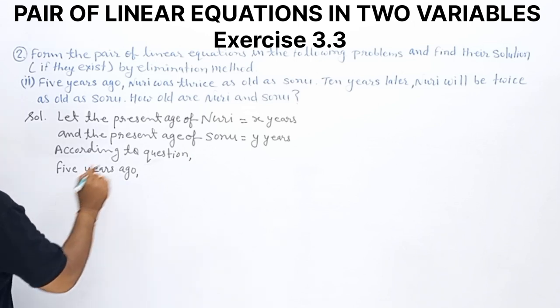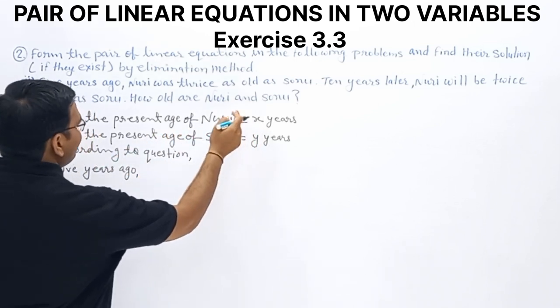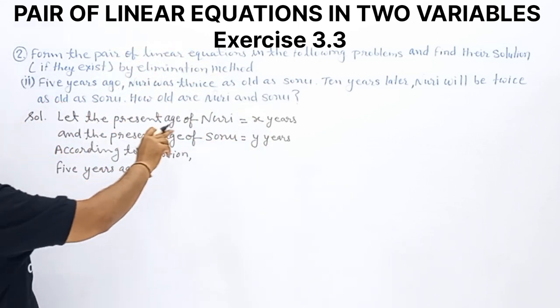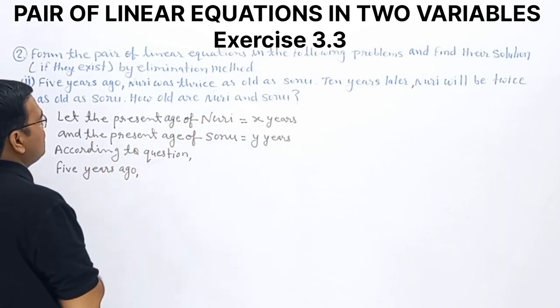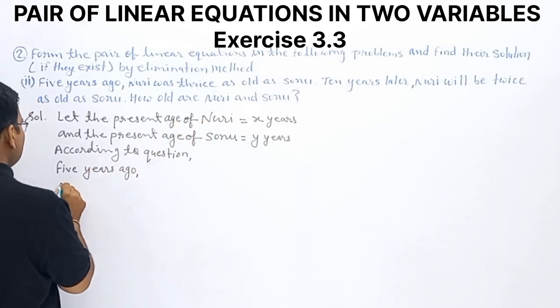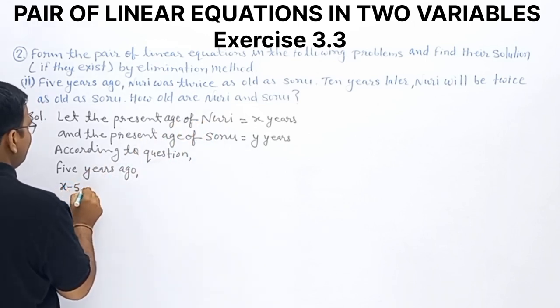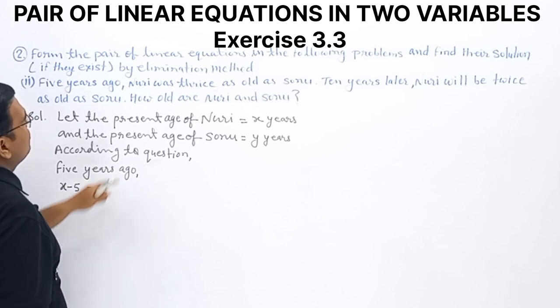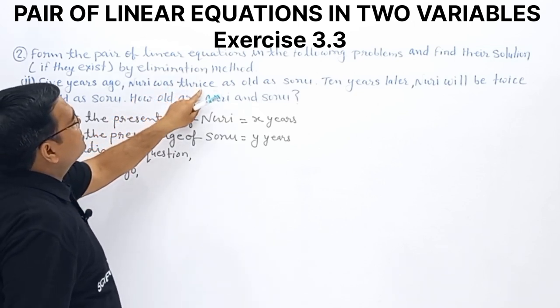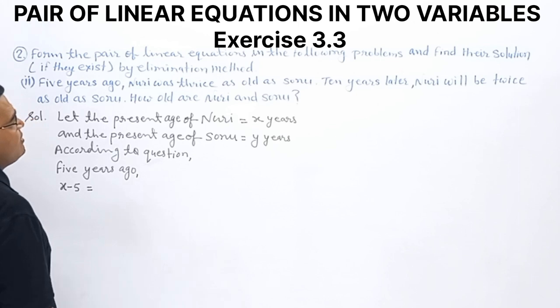So, 5 years ago, Nuri's age was x minus 5, equal to what? Nuri was thrice as old as Sonu.